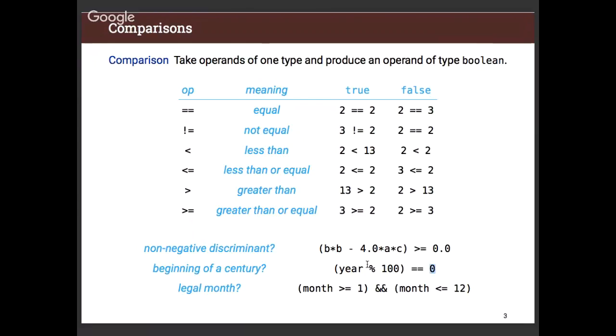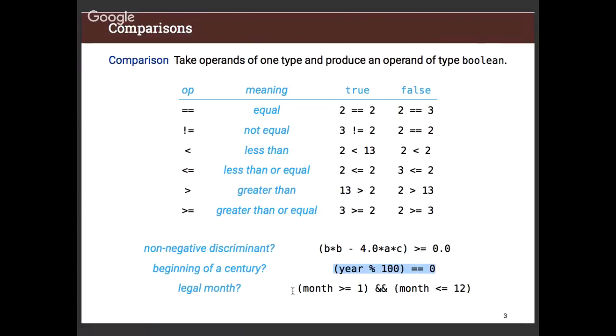So in that case, year mod 100 would be 81. 81 is not the start of the century, obviously. It's only the start of the century if that remainder is 0. 1900: 100 goes in 19 times, remainder 0. So I can use this check to see if I'm at the start of a century. True if I am, false if I'm not.